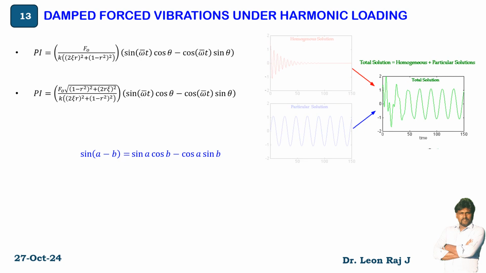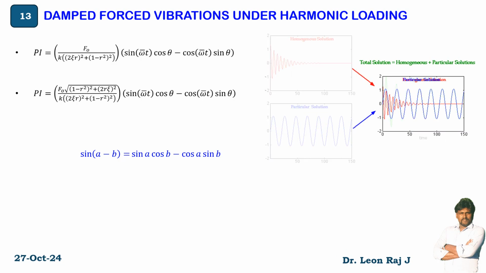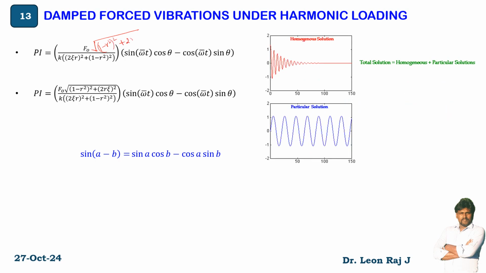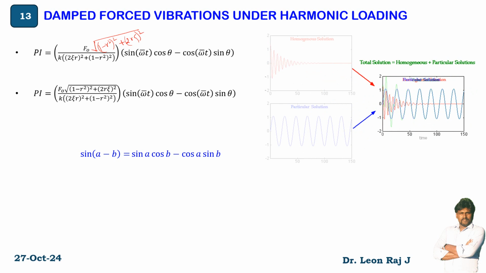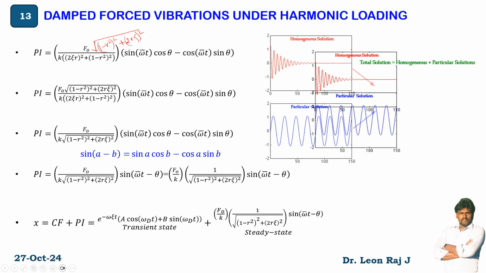Actually here also this term will come here, 1 minus r square whole square plus 2r xi whole square. So this term is striked out.